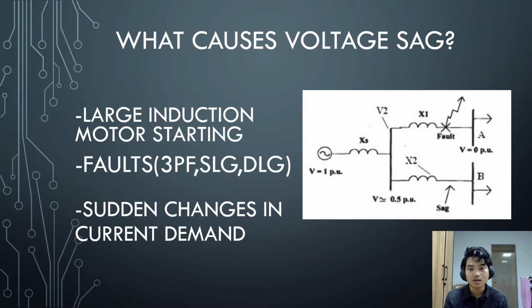Kirchhoff's current law says that if you're taking current, you're taking it from somewhere, from my node basically. As you can see in this picture, X1 is using a lot more. In this particular example, it's a fault, but basically it's taking current from X2. So that causes the V of X2 to drop significantly, causing the sag in voltage.